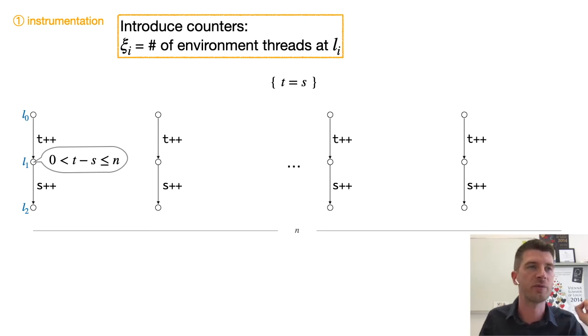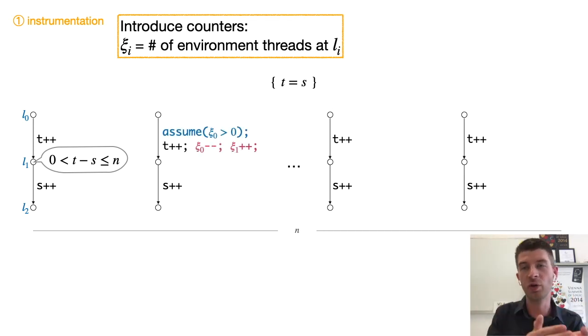As an example, if we look at the first transition of the first environment thread, which is the T++ transition, it will change into something like this, where we first assume that there is at least one thread in program location 0, and it has to be if this thread is able to take this transition.